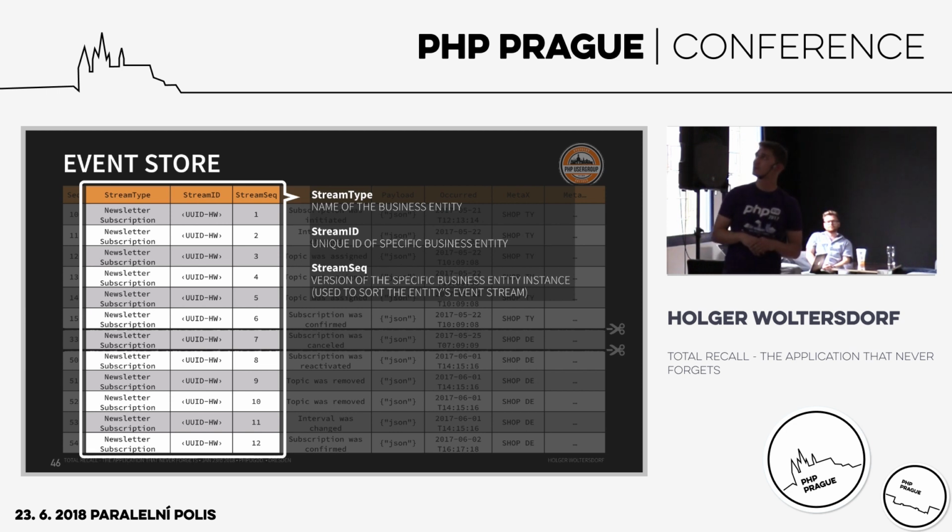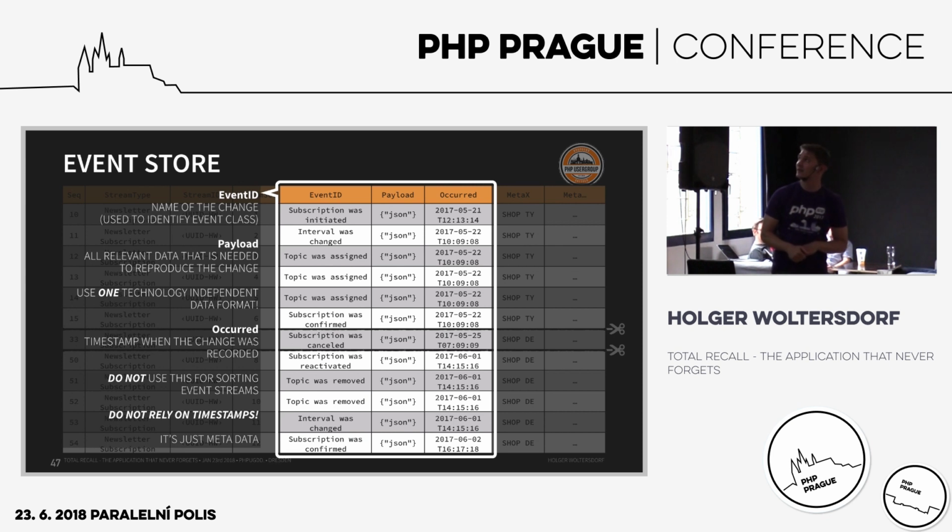And we have a stream sequence. The stream sequence, again, is an incrementing number. But the difference is that this number is incrementing for my particular entity. So I can see all my events for my business entity sorted in that table.